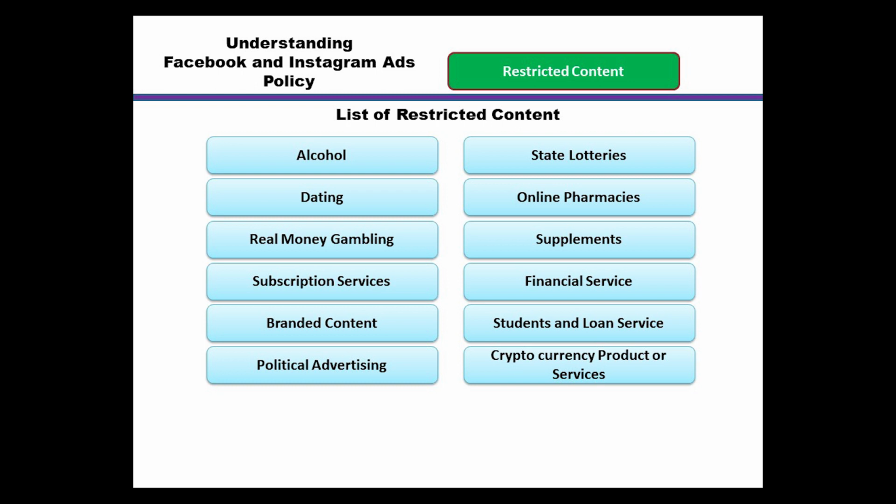Now, all this information is available in the Facebook and Instagram ad policy. It is not the complete information, just a summary and brief, but I think it's good enough if you are doing any kind of affiliate marketing or drop shipping, because you do not want to invest in something that's not going to work out.